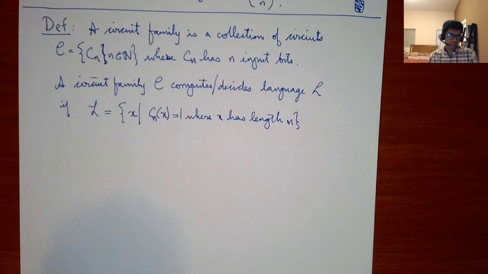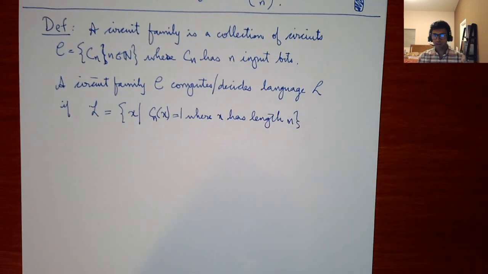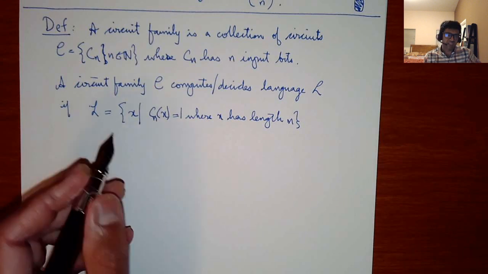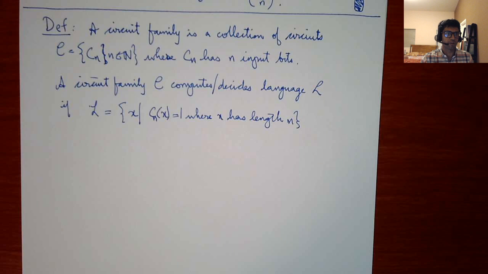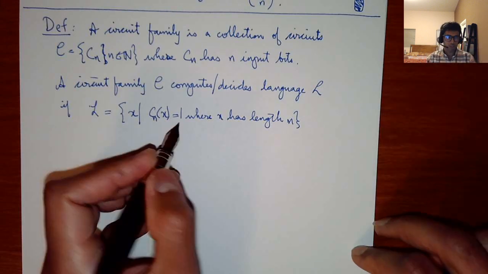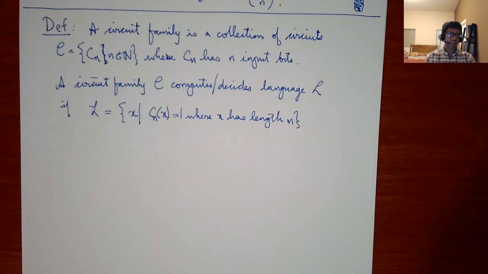So it just says that a circuit family decides a language if the language is exactly the set of strings that the circuit family accepts. You could think of the output being accept or reject, a 1 or a 0.